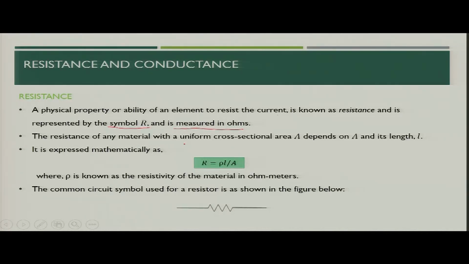Resistance of any material depends on the area as well as the length of the element. So, if you see the cross section of a particular element like this, this would be your area A and then length L. The resistance of that particular element is given by rho L by A. Here rho is the resistivity of the material, which is represented in ohm meters, L is the length of the element and A is the cross sectional area of that element.